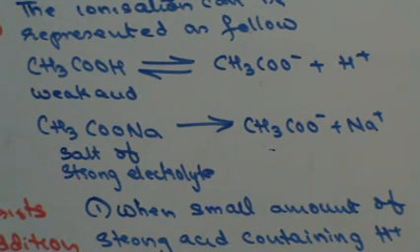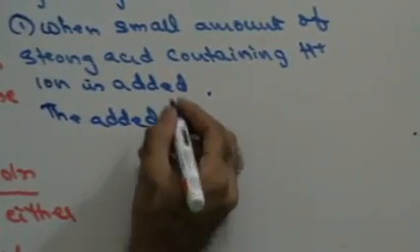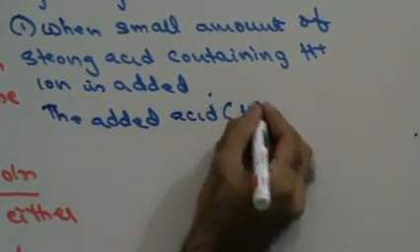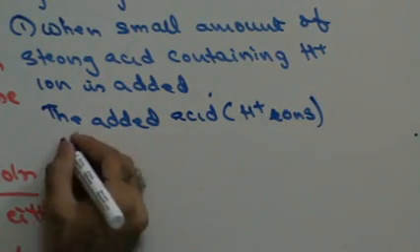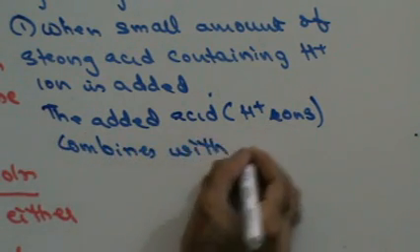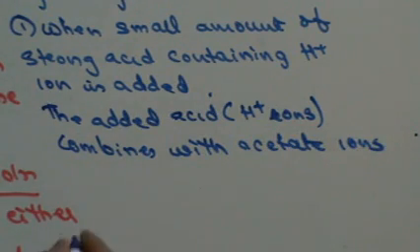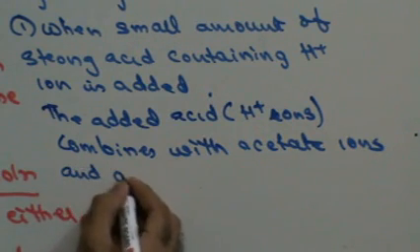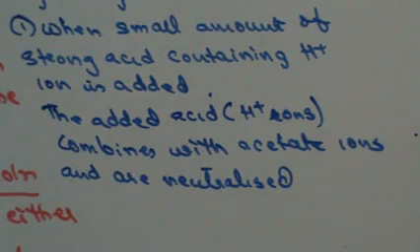So I can say that the added acid, when I say acid I mean hydrogen ions, combines with acetate ions and is neutralized. Hence the pH of the solution remains constant.